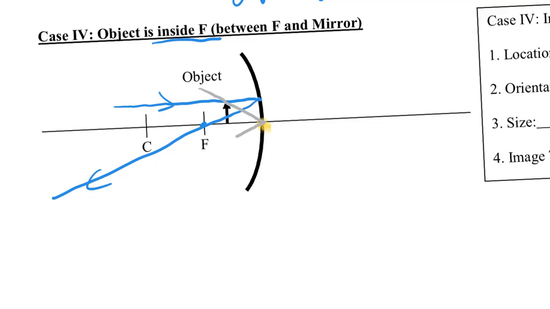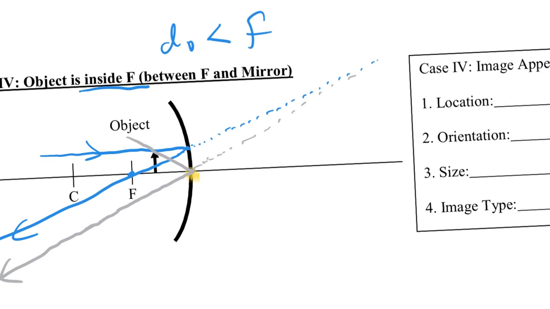Try to make a nice equilateral triangle. It's hard to see. These guys are not going to cross, but over here they'll cross. Okay, eventually. Where they cross right there is where the image forms. So right here, the head image is right there.